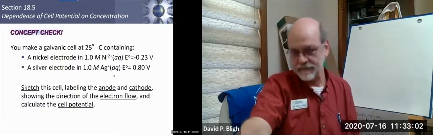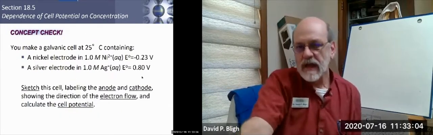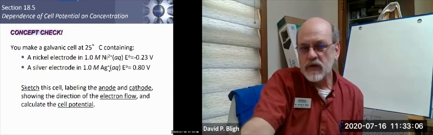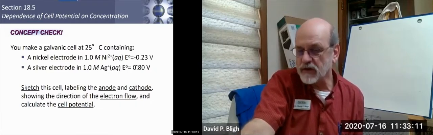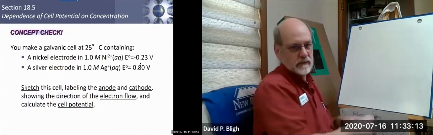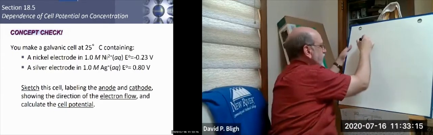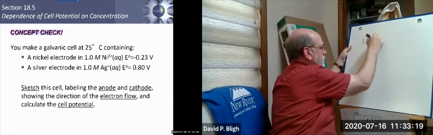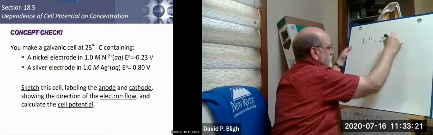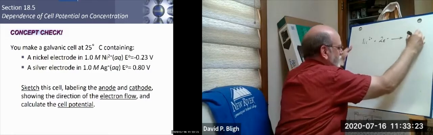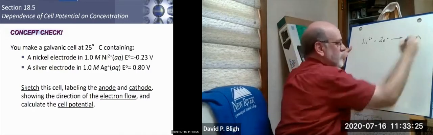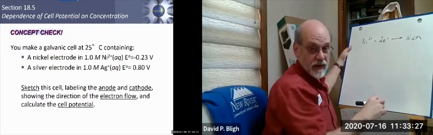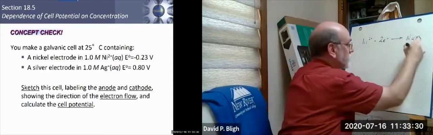All right, let's go back. This is the standard reduction potential. So the standard reduction potential for nickel is minus 0.23.